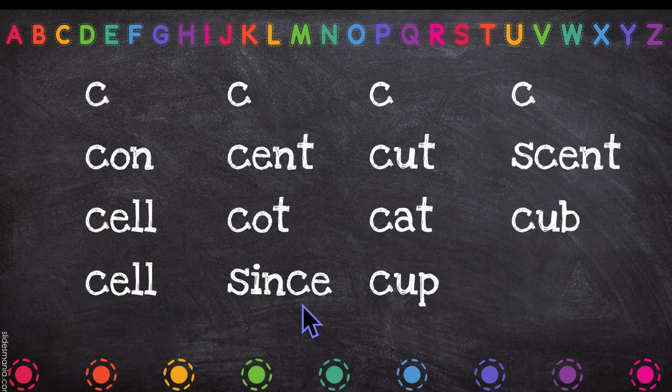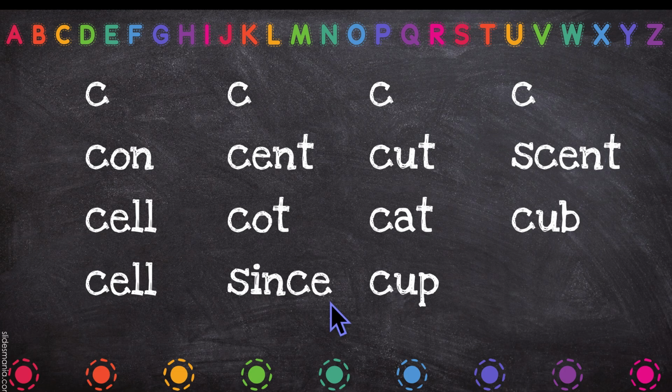Here we have the C followed by a vowel at the end of the word, but we still use the rule. Is this an E, I, or a Y? Yes, it is. So we need the second sound, the soft C. S, since. Notice we don't actually pronounce this E here.